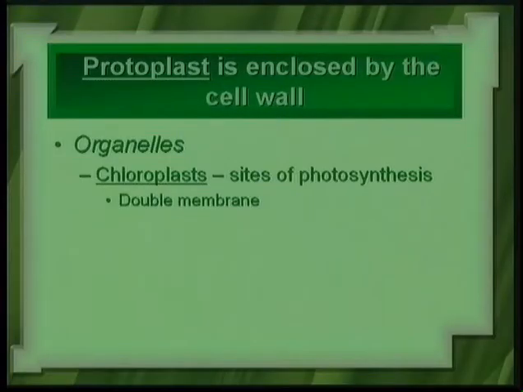So recall that the chloroplasts are where photosynthesis happens. The chloroplasts are green because they have pigment in them. They are surrounded by a double membrane, two membranes that surround the insides of the chloroplast.